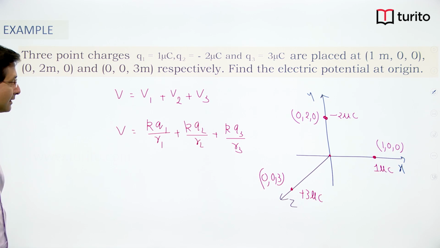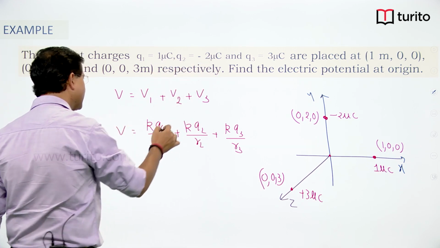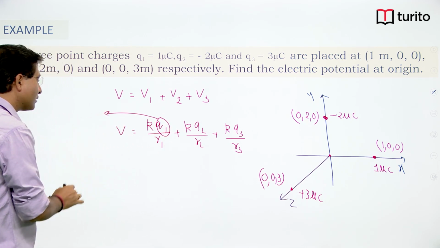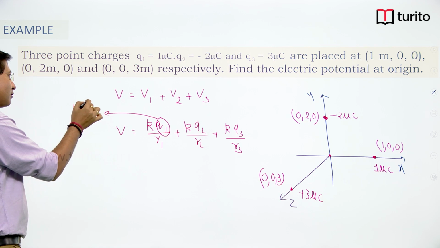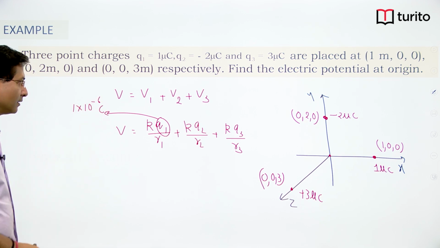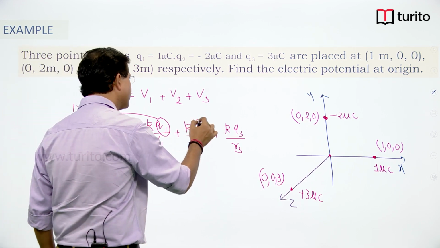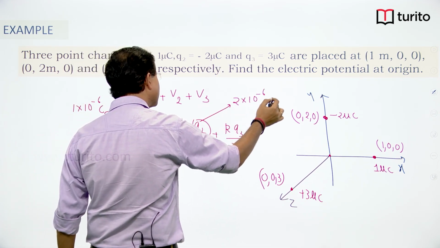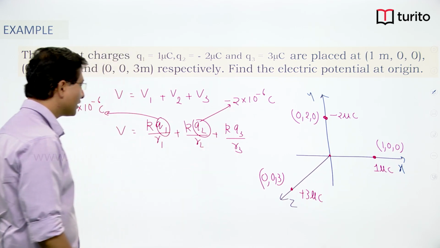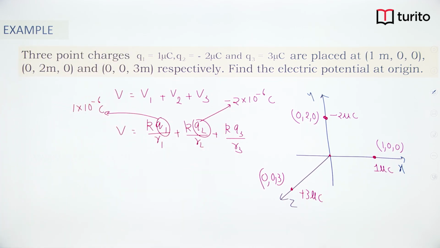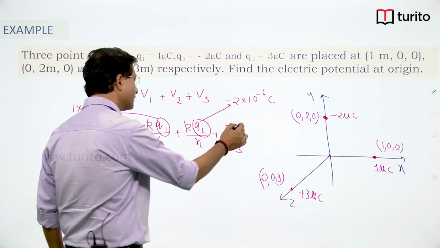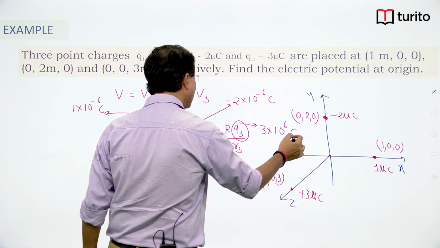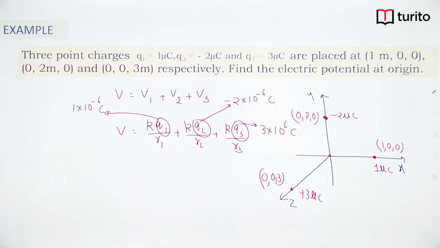What you have to keep in mind is that the charge must be with sign. So in place of Q1 I need to write 1 microcoulomb, 10 to the power minus 6 coulomb. In place of Q2 I need to write 2 into 10 to the power minus 6 coulomb with minus sign, charge with sign. And the third one is 3 into 10 to the power minus 6 coulomb.